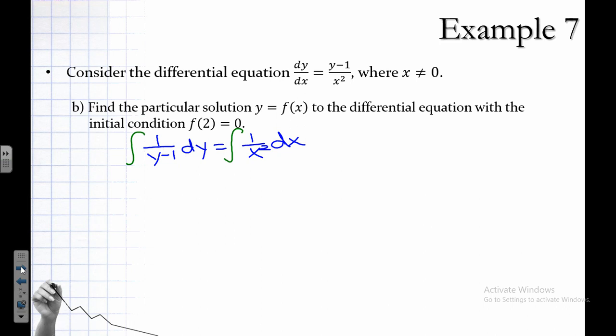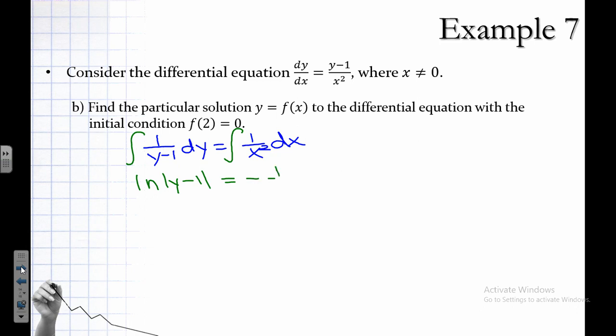Nick, antiderivative for the left. What would it be if it was this? Good. Sammy, antiderivative of the right.